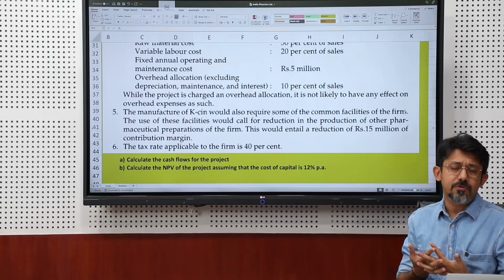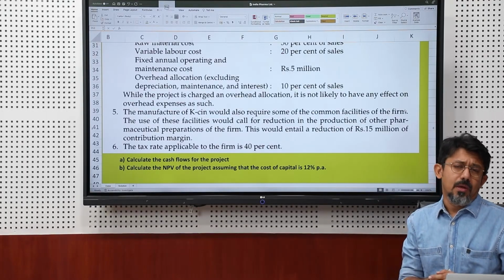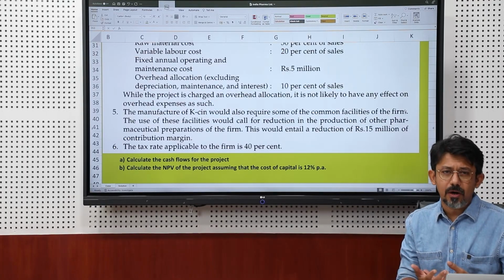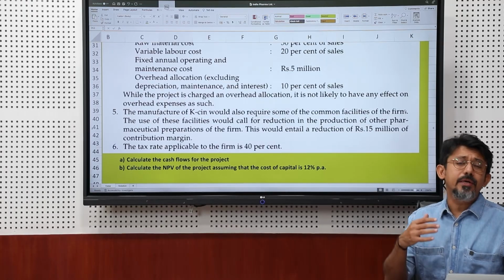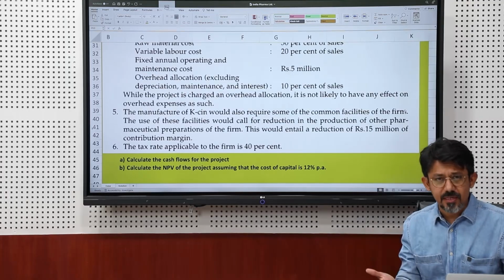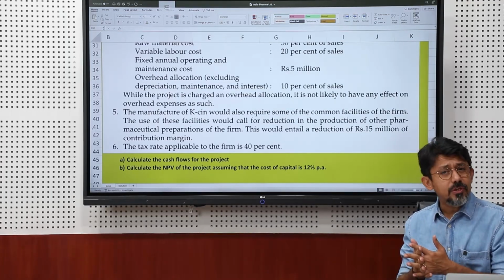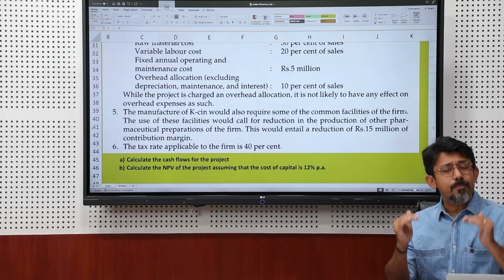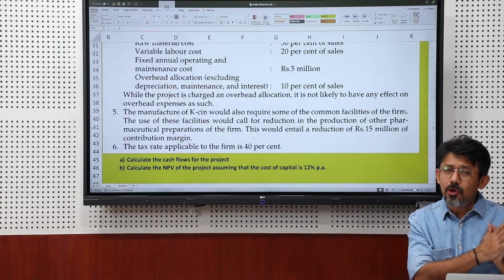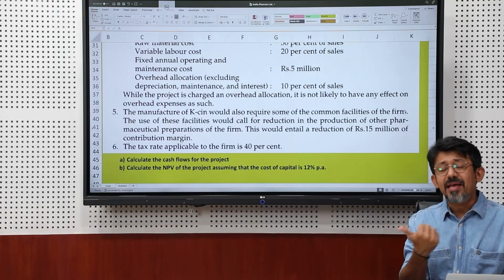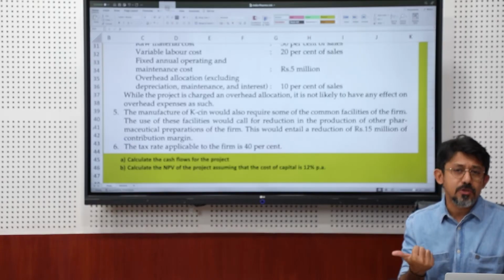you are taking services of the packaging department, any ancillary service department, which is an existing resource that will be diverted to manufacture of KSIN, as a result of which the sales of existing products will drop, which therefore means that there is an opportunity loss happening somewhere else as a result of launching this new product.